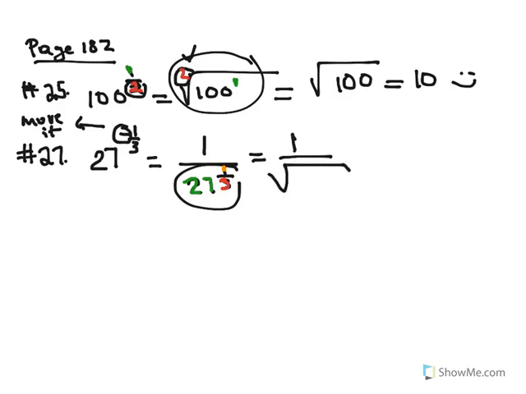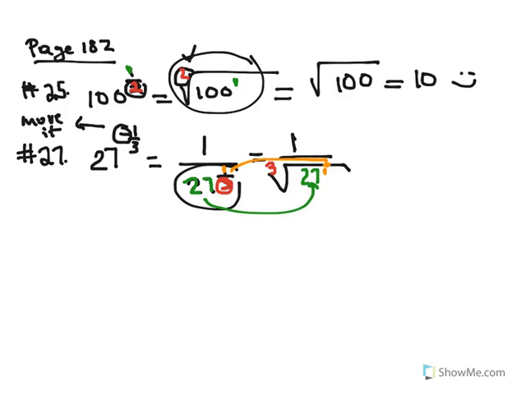This 3 is going to go there. This number 27 is going to go under the radical, so that's going to be 27 to the 1, because the 1 here is going to represent the exponent of the radical.